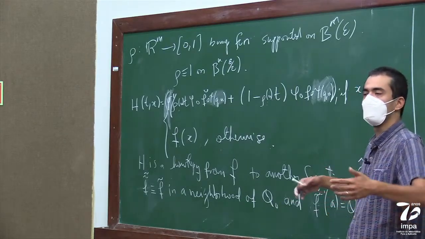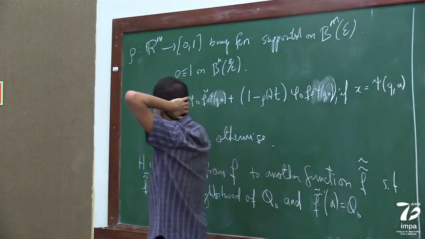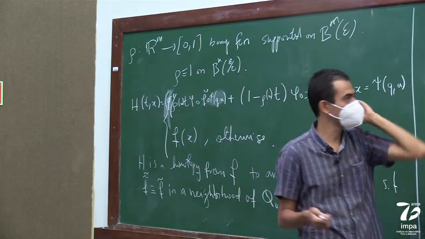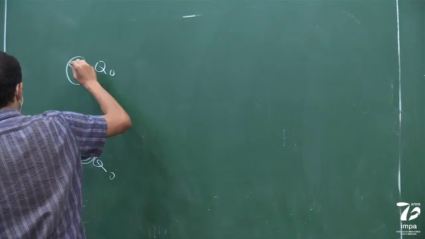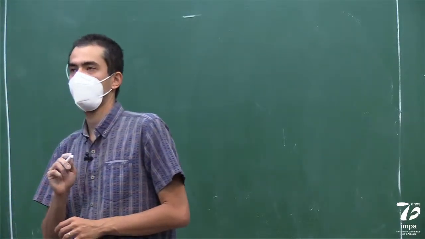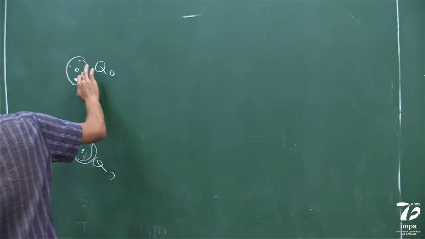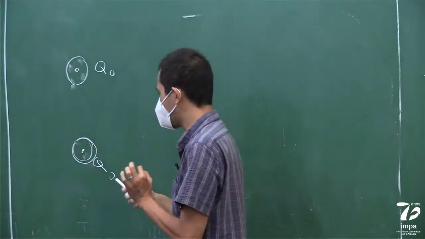It could hit 0 at other places. So in particular, when you take phi inverse, it could be hitting A at other points. This F double tilde could have some other points in the pre-image of A. But I don't want that for the next step, as I'll show you.